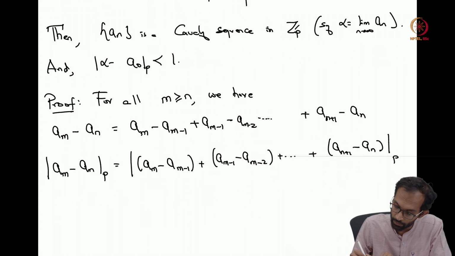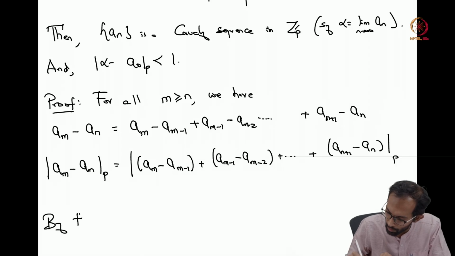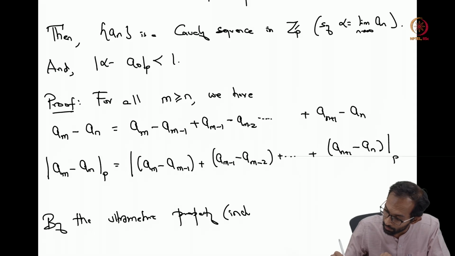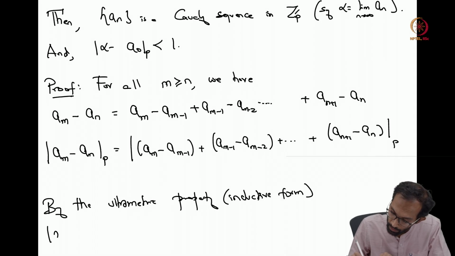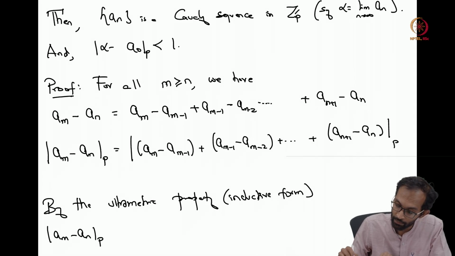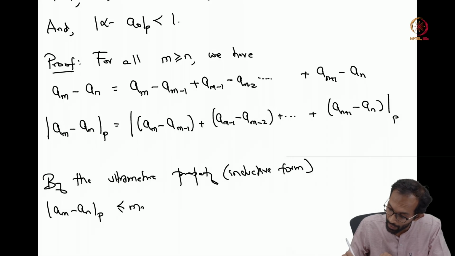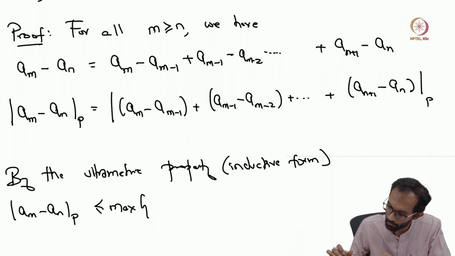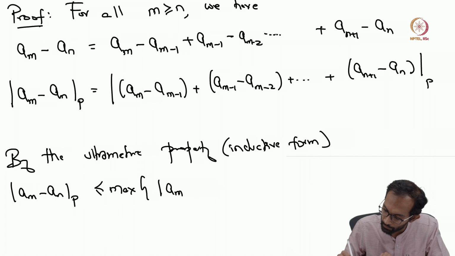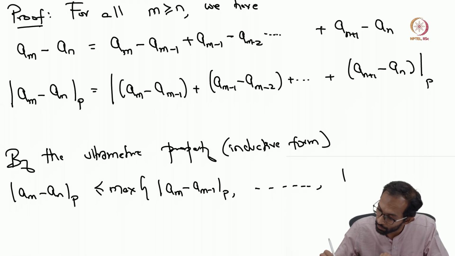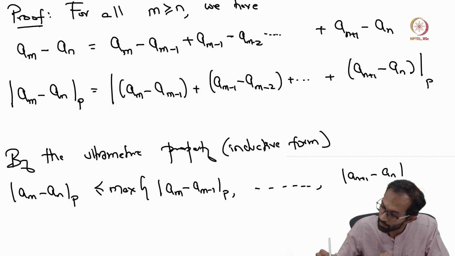So now if I just use the ultrametric property, or rather an inductive form of this ultrametric property, we have that the difference am minus an in p-adic absolute value is less than or equal to the maximum of the p-adic absolute values of am minus am minus 1, all the way up to an plus 1 minus an.